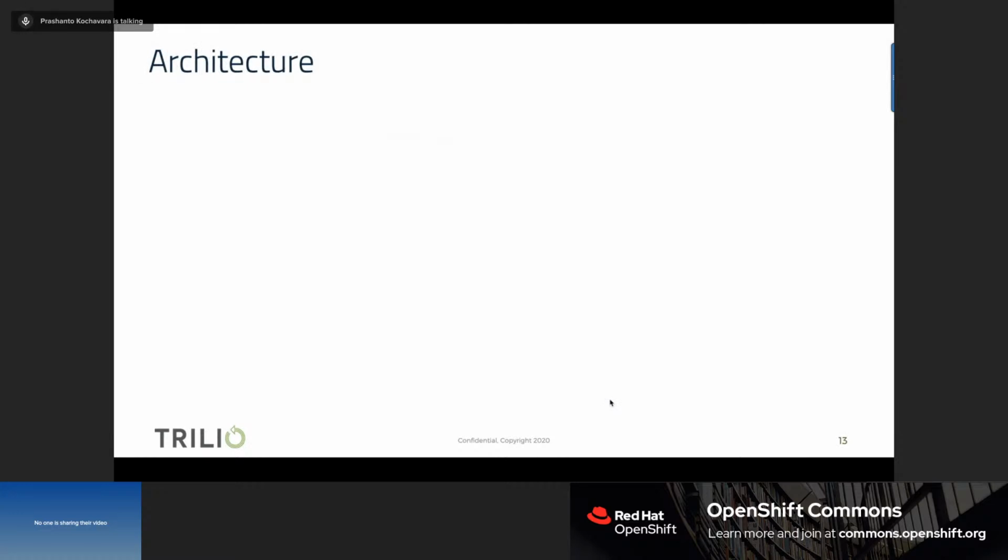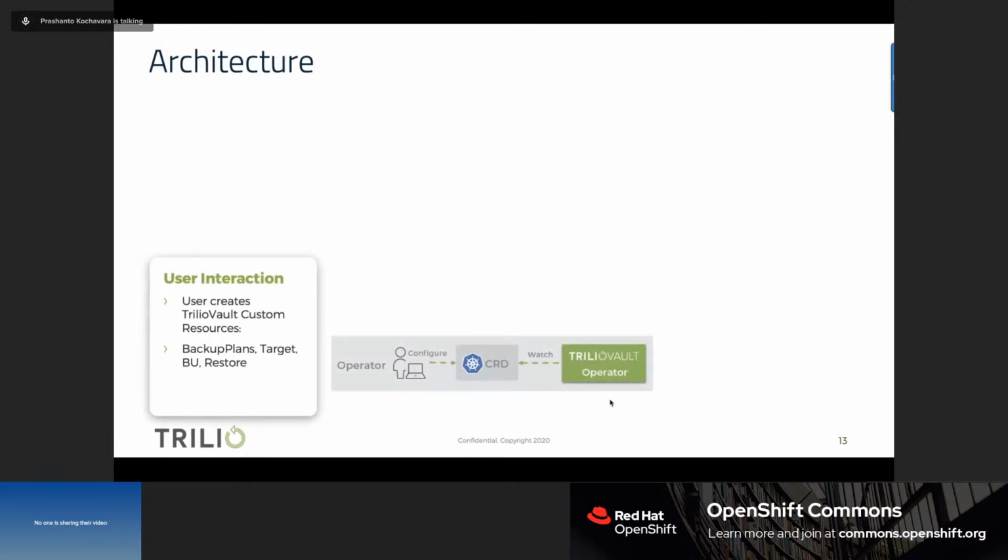Next, I'm going to quickly talk about the overall architecture of the product and how TrilioVault for Kubernetes has been constructed. At the very first layer, it is the user interaction. This is where the user creates his custom resources for backup plans, targets, backups, and restores.